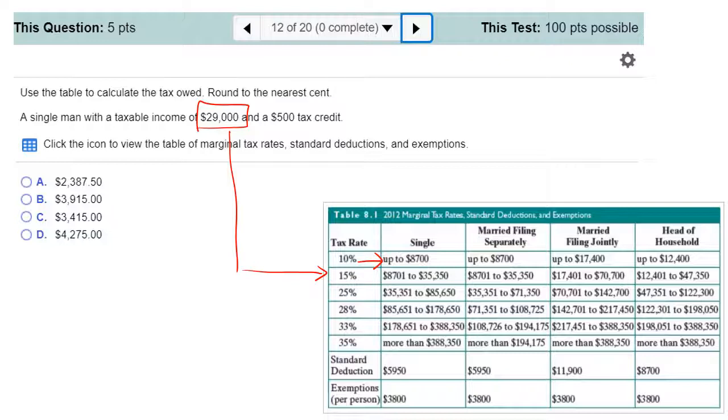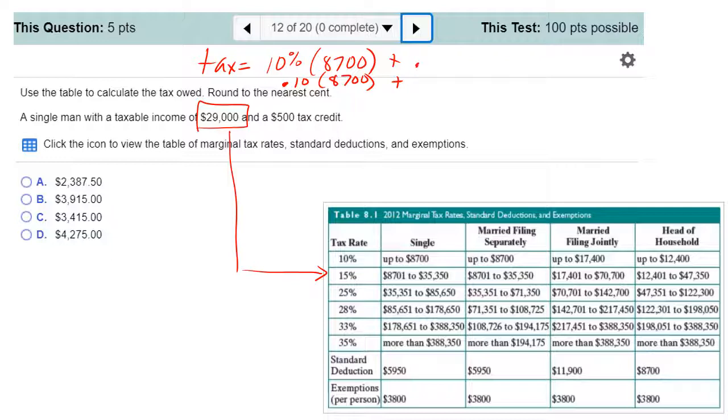To calculate his taxes, we would take 10% of the first $8,700 because that's this first level of the tax rate table. So that will really be 0.10 times 8,700. Then to that, we add his extra money. Now, if you notice, he made $29,000.